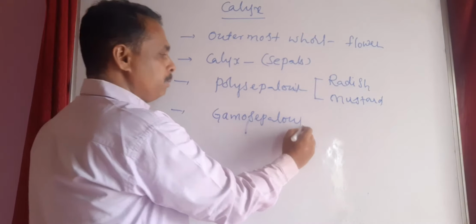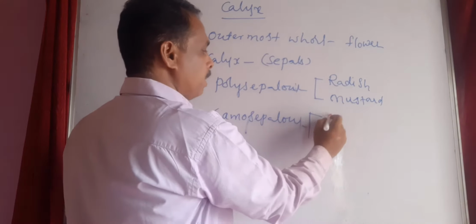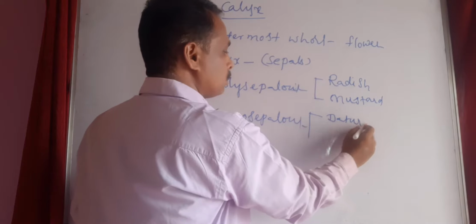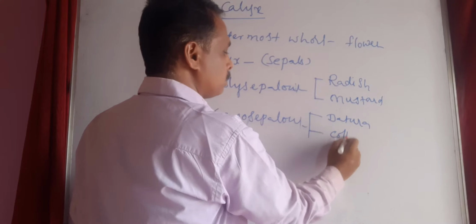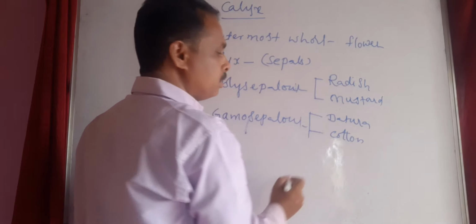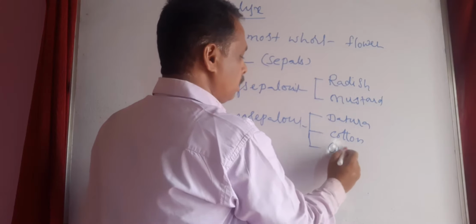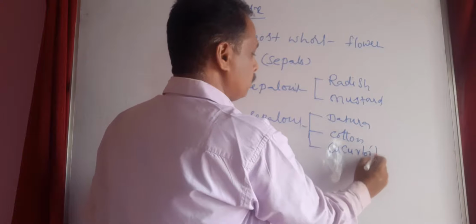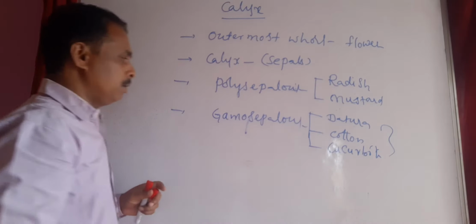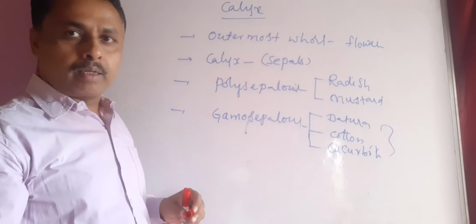Examples for gamosepalous: datura, cotton, and cucurbita.